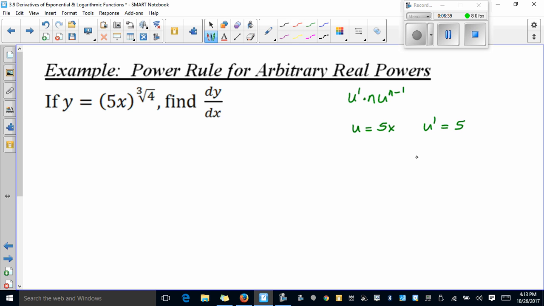Everything else is normal stuff. So y prime equals 5, there's that u prime, times the n, which is the cube root of 4, times your u value, which is 5x, to the n minus 1. Well, this is the cube root of 4 minus 1. So a little bit different from before is we can't subtract the 1.